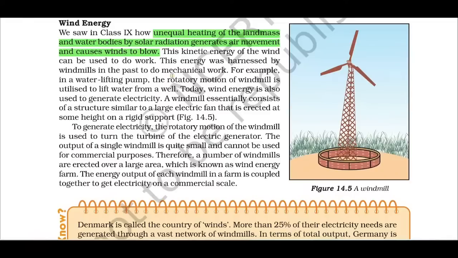Electricity. The rotatory motion of the windmills, the mechanical energy, is converted into electrical energy. A number of windmills are erected over a large area known as what? Wind energy farm.